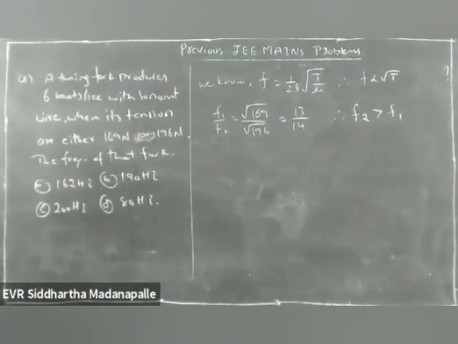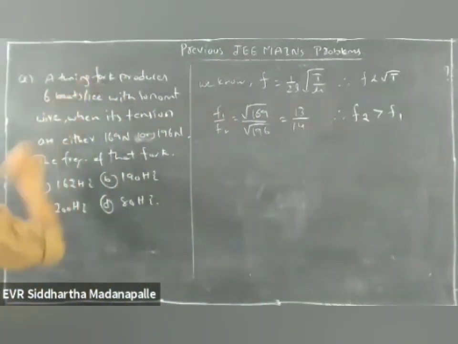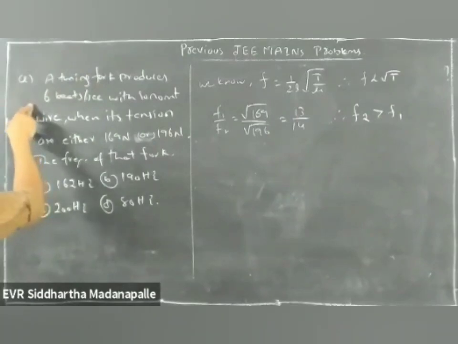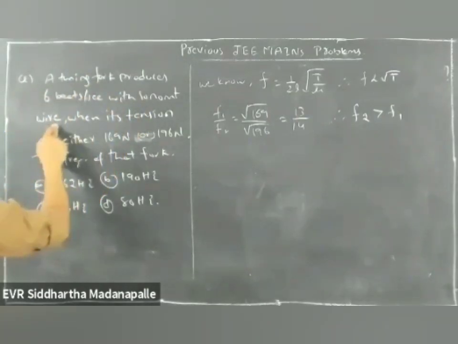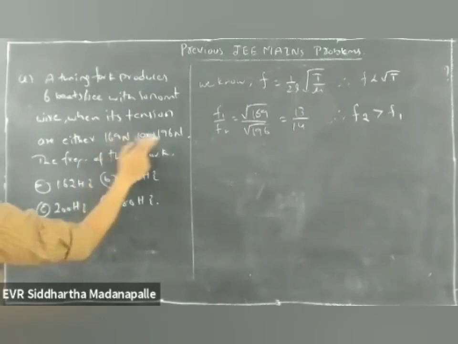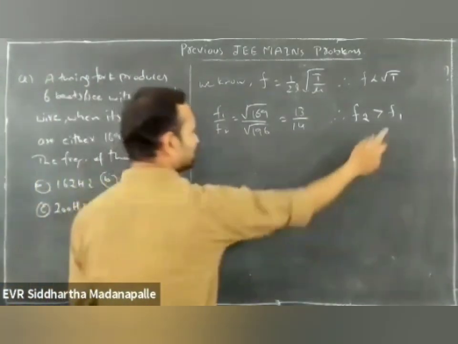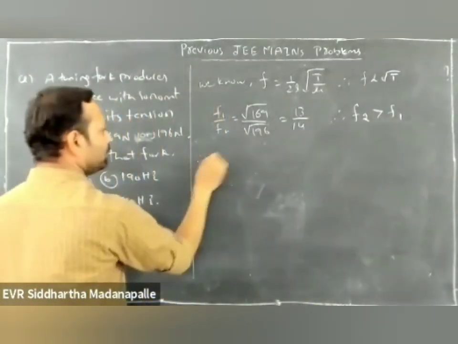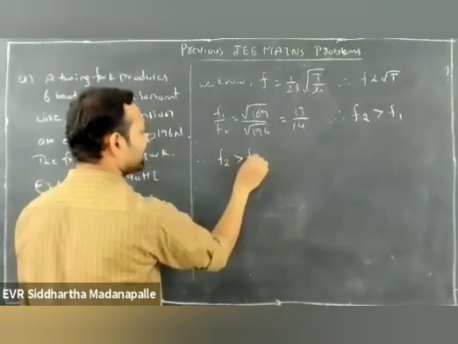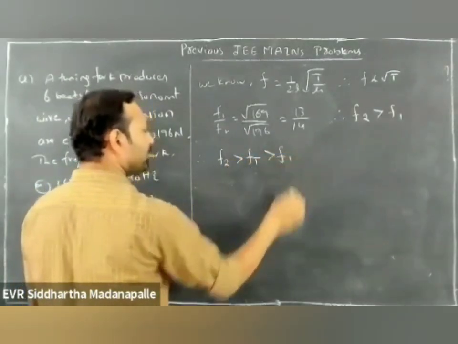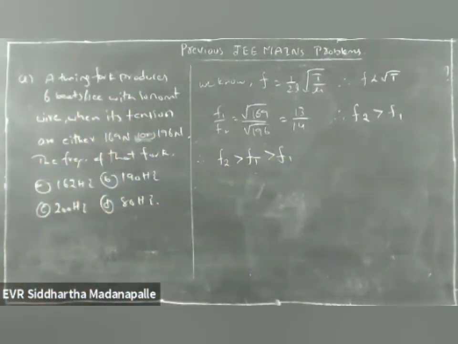Now according to the problem, this tuning fork produces 6 beats with the sonometer wire when the tension is 169 and 196. And the tuning fork frequency will be in between F1 and F2. So F2 is greater than Ft, which is greater than F1. The tuning fork frequency lies between F1 and F2.